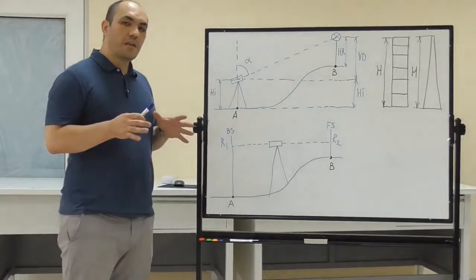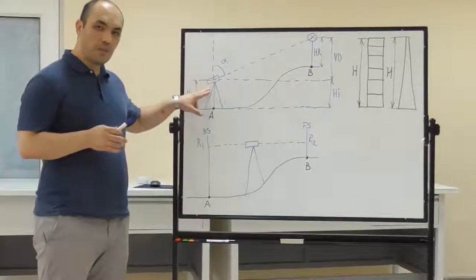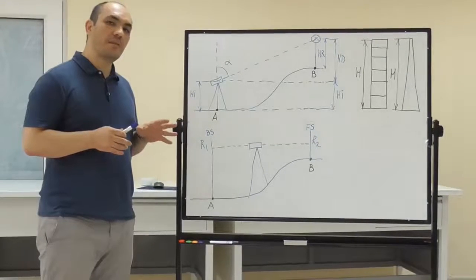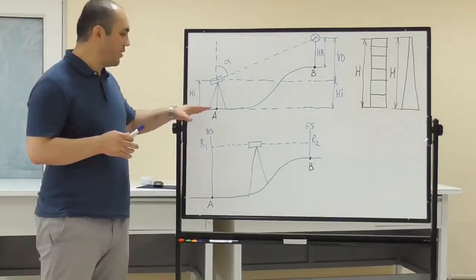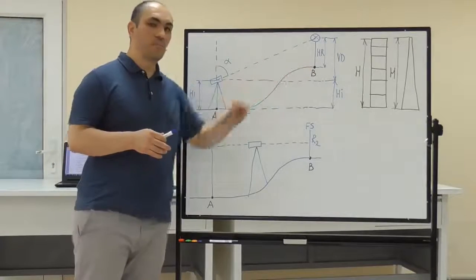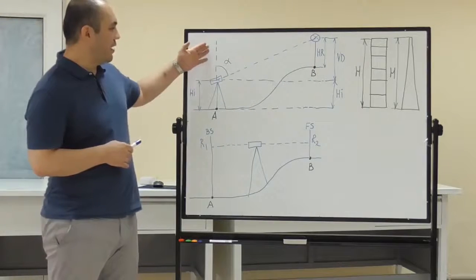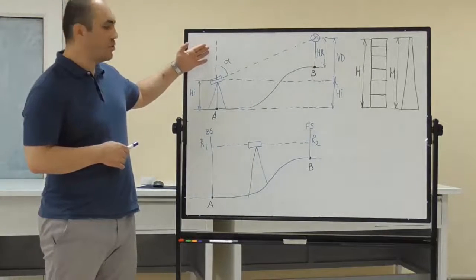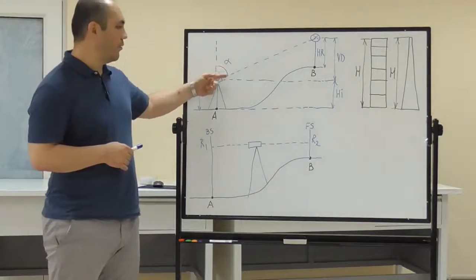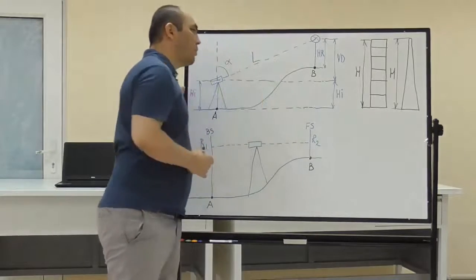Trigonometric leveling is carried out by using the total station, and this method is considered an indirect method to identify the relative height between A and B, because the relative height here is identified by using the observed azimuthal angle alpha and observed slope distance.